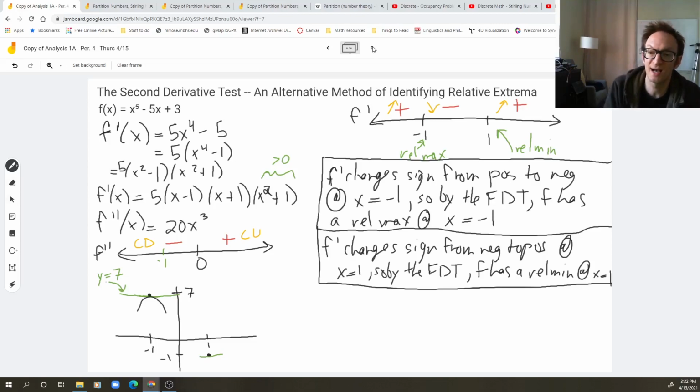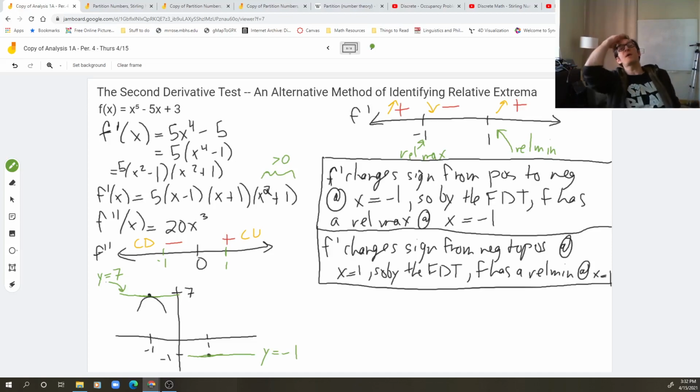Repeating that logic for the other critical point, x equals 1, it's certainly true that at x equals 1 the derivative is 0, so there is some kind of horizontal tangent line. What is this line? It's the line y equals -1. But this point x equals 1 lies within the interval from 0 to infinity in which the function is concave up.